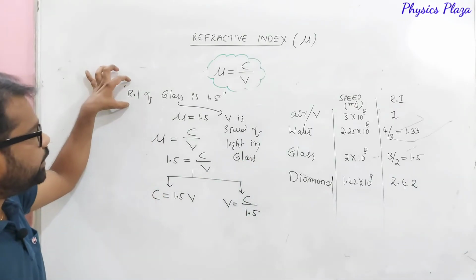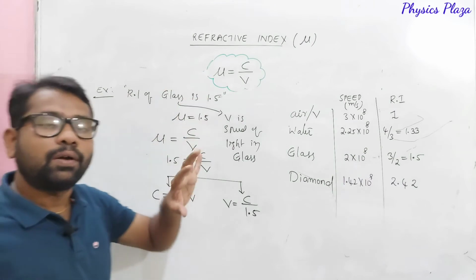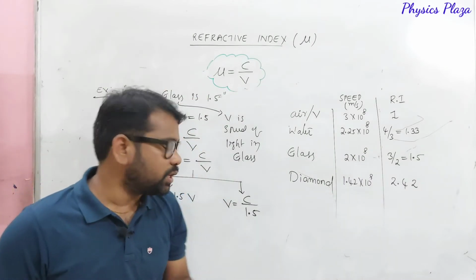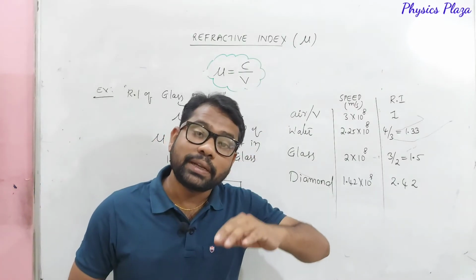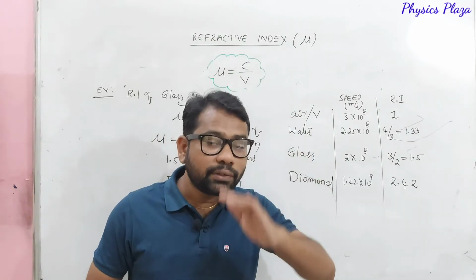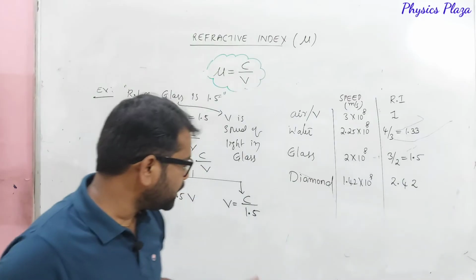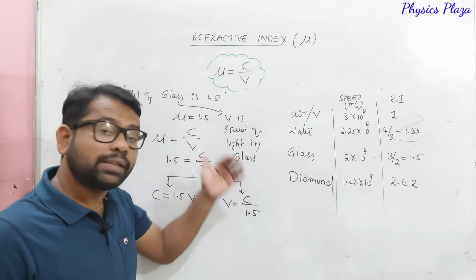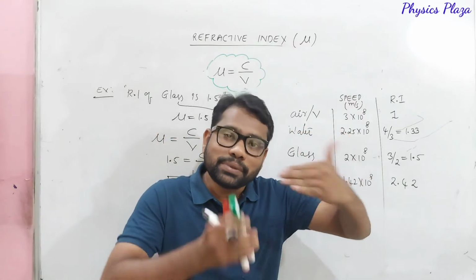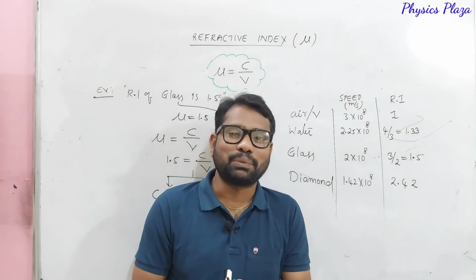So the refractive index of glass is 1.5. What does it mean? It means that, dear children, the speed of the light in a vacuum is 1.5 times greater than the speed of the light in glass. Or you can also say the speed of the light in glass is 1.5 times less. Of course, both are the same, right?